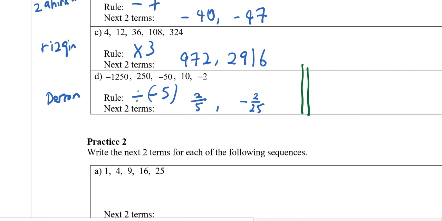I will try 1250 divided by 250. What do you get? Press the calculator and tell me. 5. So my question is this times 5 or divide by 5? Divide. But you notice that it is special because the plus and minus keep alternating, right? So you know it's divided by minus 5.